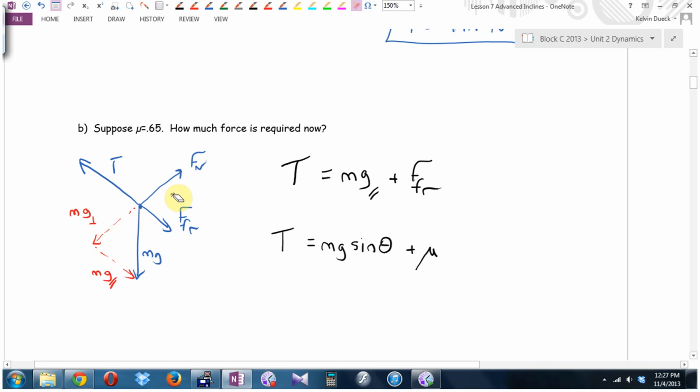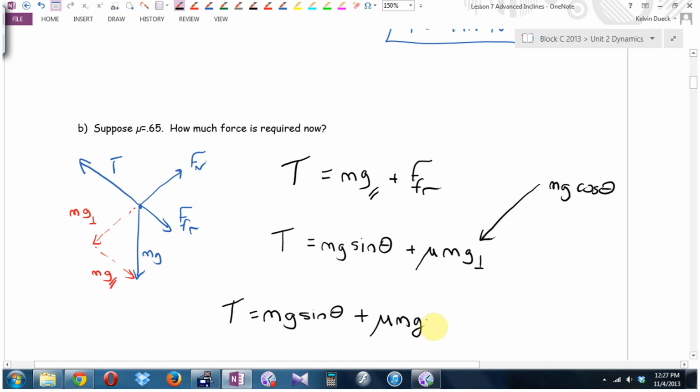Which one? mg perpendicular, which, Hakeem, we said was mg cos. So tension is going to be mg sine theta plus mu mg cos theta.